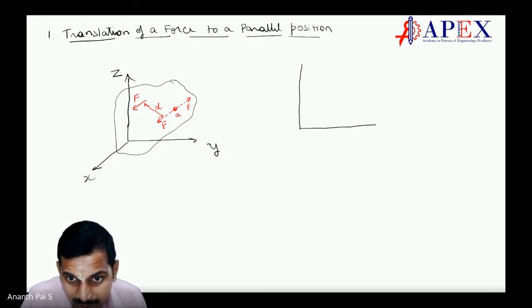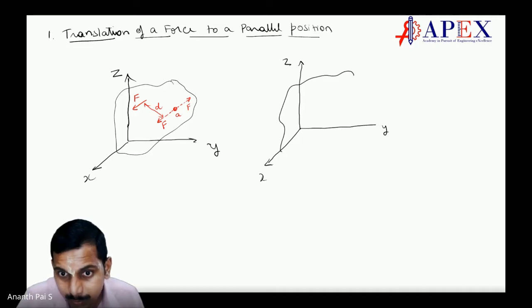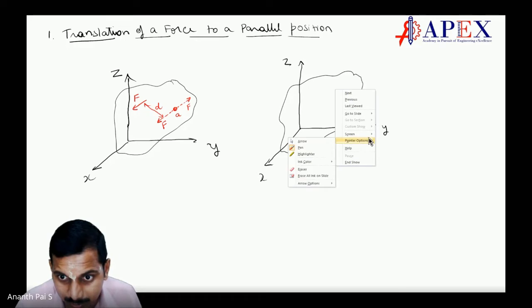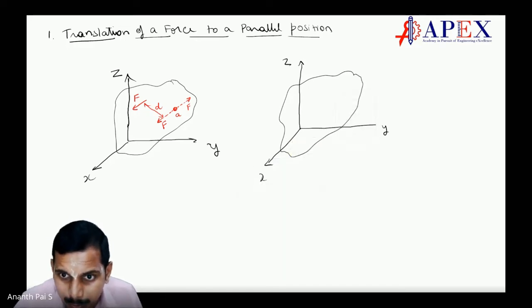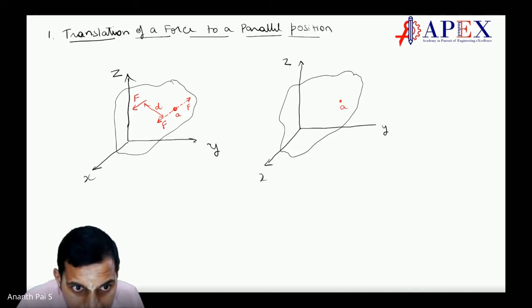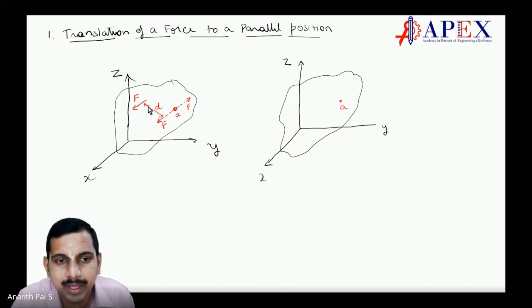So translation of a force, when we translate the force to a new position, at this point A, you will have, because of this force and this force, a couple acting, and this couple I can place anywhere in that plane. Correct.